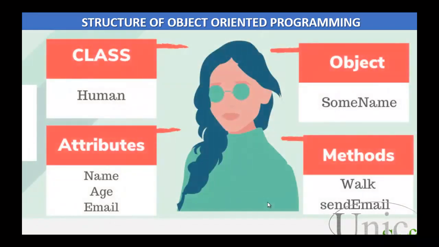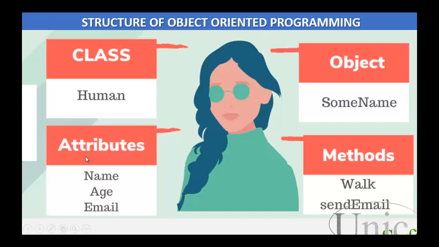So this is more like a detailed representation of everything I've just said. In here I have put some things to briefly illustrate what I just said. This is now the class, which is a human being, and from this class we can create an object of this image here, and maybe we can give it some kind of name, like maybe we can call it pretty girl, we can call it anything.